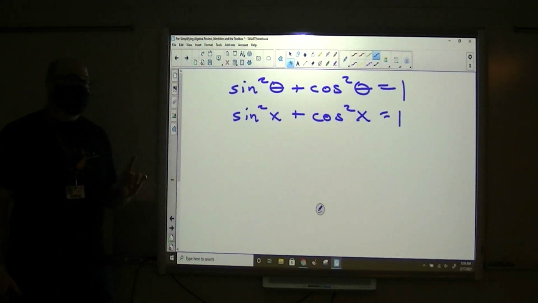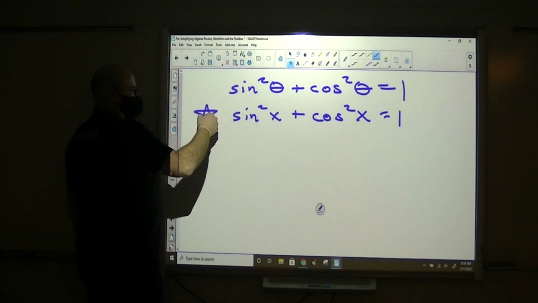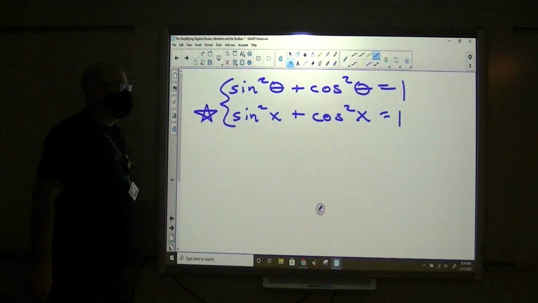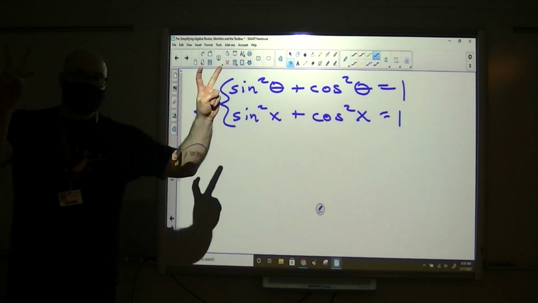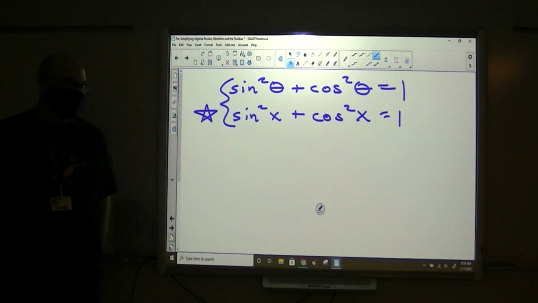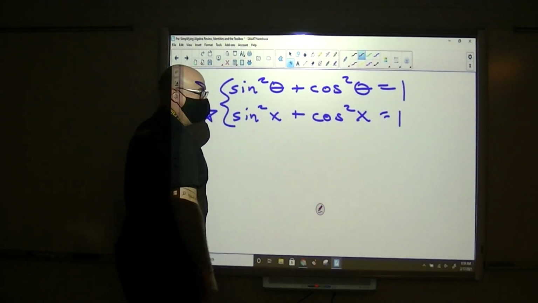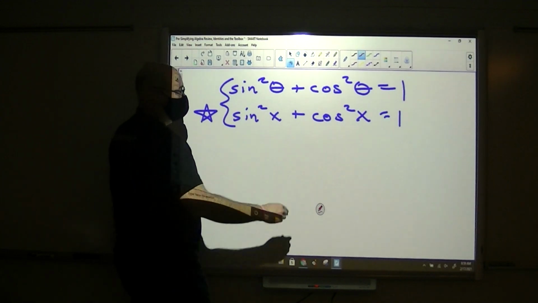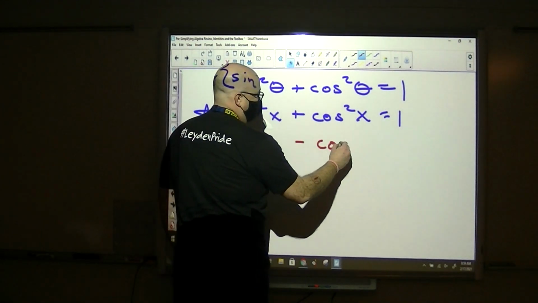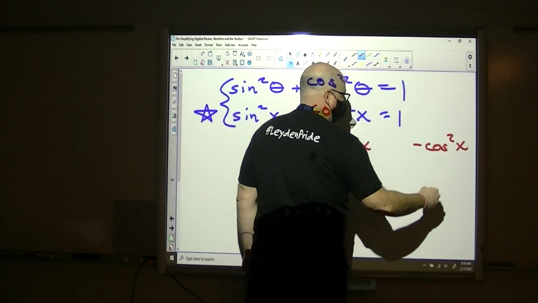This is the way we typically write these, and this is what you should memorize. However, there's going to be some manipulation of this, meaning there's going to be a time where I want this cosine squared x to be over here.